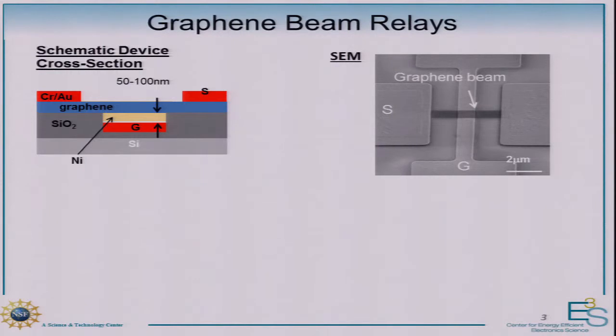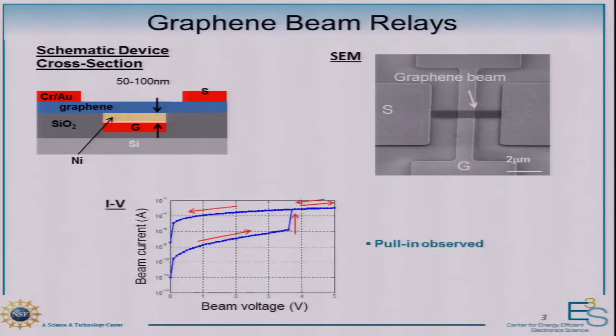We successfully made standalone graphene beam relays with nickel as a sacrificial layer. This is the SEM image of the graphene beam relay. We successfully observed the pull-in voltage, but it was difficult for us to look into the release voltage.